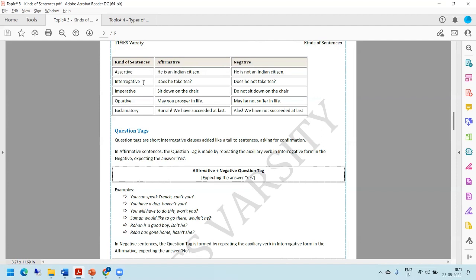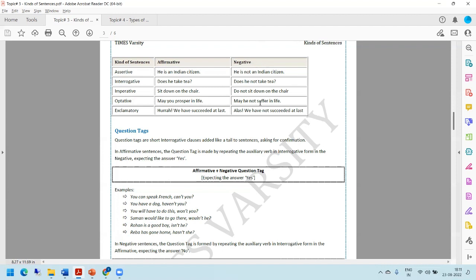Then interrogative, where a question is asked. Does he take tea? It is affirmative, but does he not take tea? It is negative. Then imperative: sit down on the chair. Negative: don't sit down on the chair. Optative: may you prosper in life.